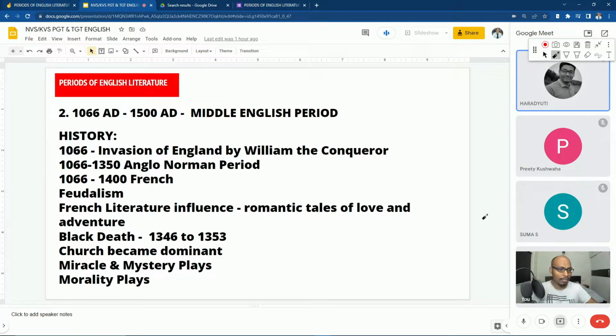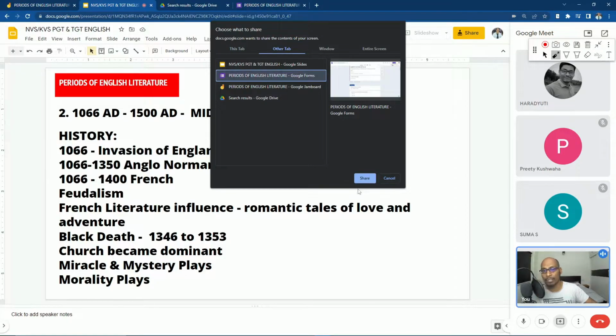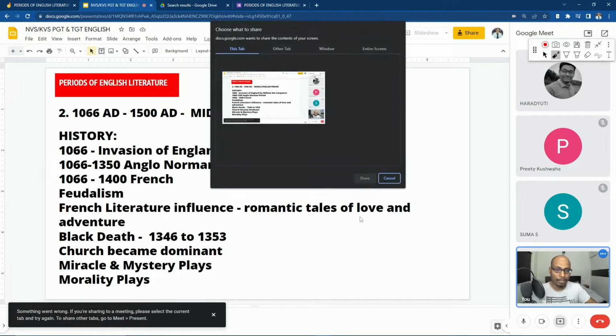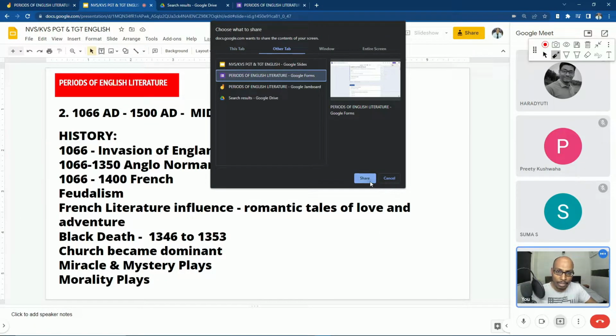No, sir. Can't see. Priti ma'am? Yes, sir. What are you watching on your screen? Is the screen sharing not done? No, sir, not visible. Wait. I'm trying. Other tabs, period of English literature, share. Something went wrong. Share the other tabs. Wait a minute. Why is it not working? Because I am using Google Slides.